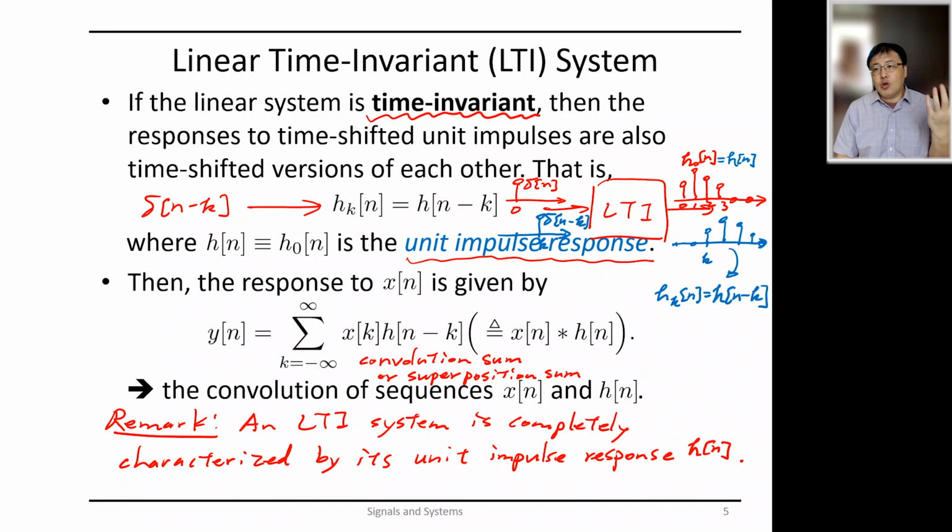So to describe a linear time invariant system, basically meaning to characterize the input-output relation of a linear time invariant system, it is sufficient to specify the unit impulse response, h of n. Now let's look at a few examples of this convolutional relationship.